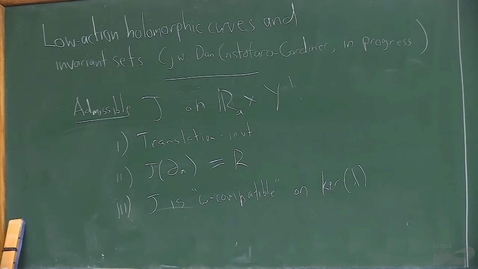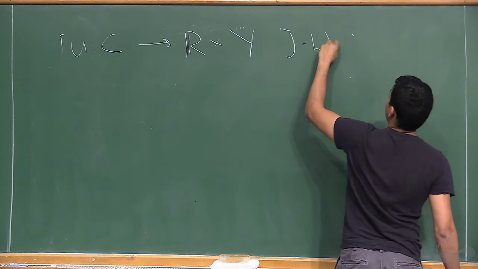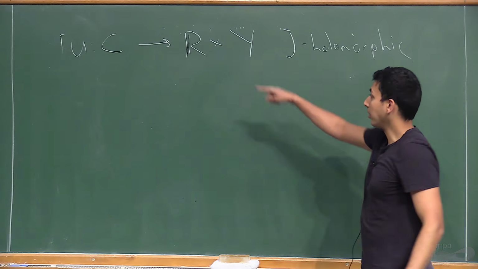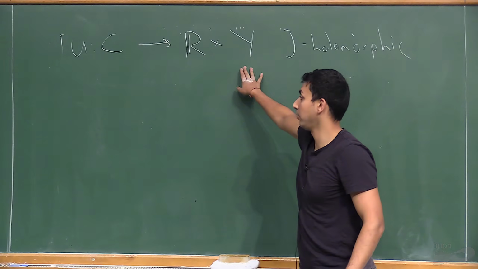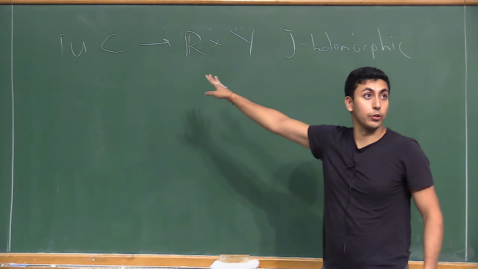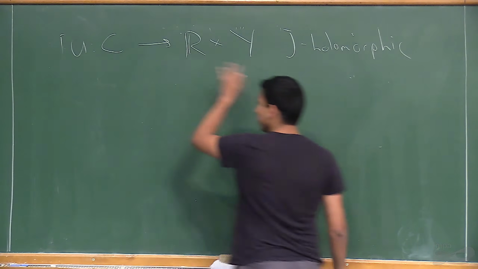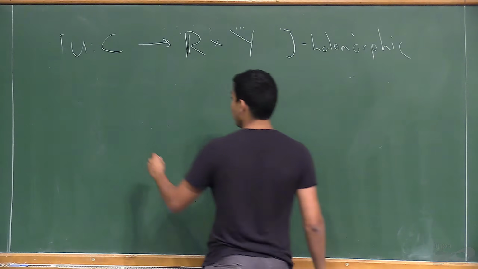All right, so take some J holomorphic map. Here, C is a punctured Riemann surface, and u is some proper map, which satisfies the J holomorphic curve equation for our choice of admissible J. And the geometry of this map is controlled by two quantities.